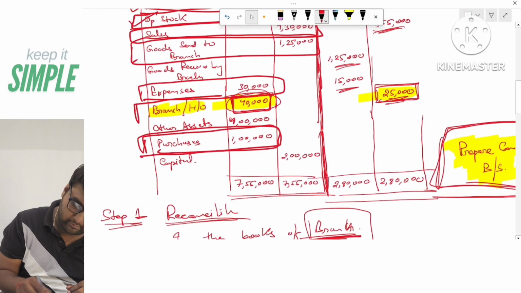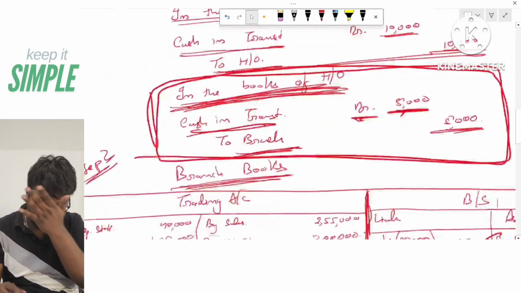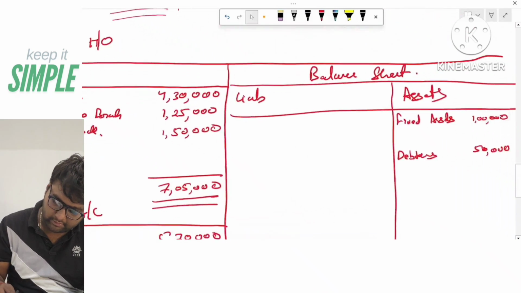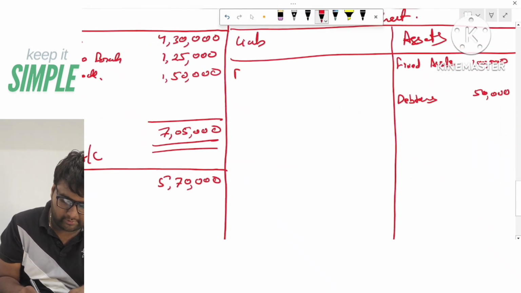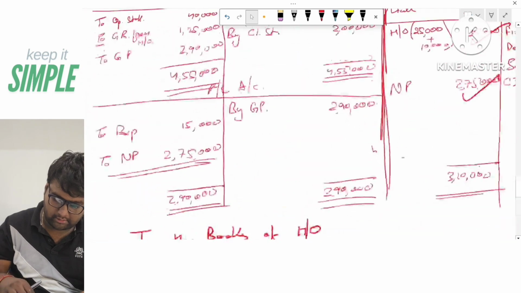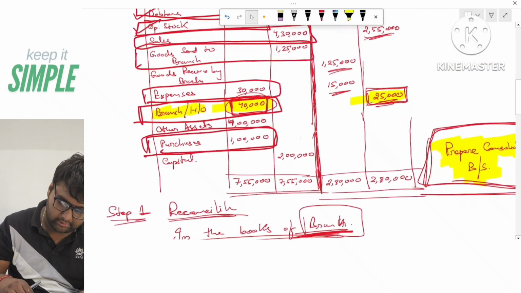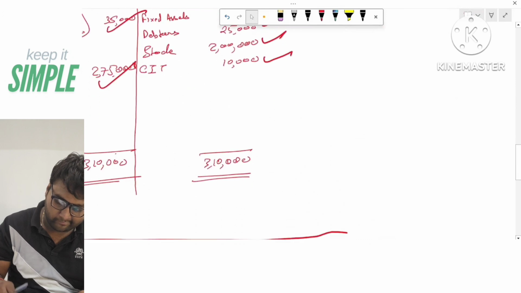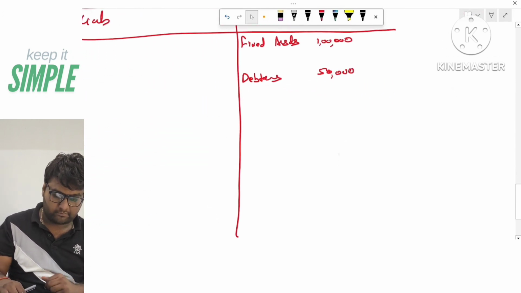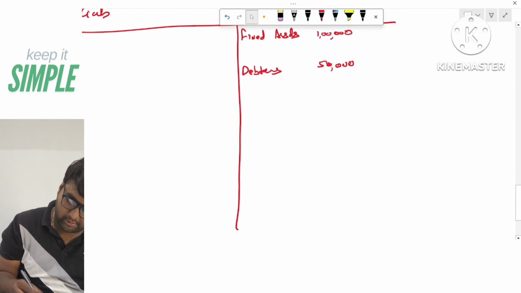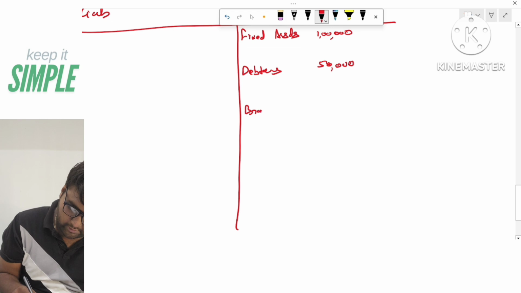Another was branch or head office 40,000. It was a debit balance, no? Let me see again. Yeah, 40,000. So it was branch 40,000.